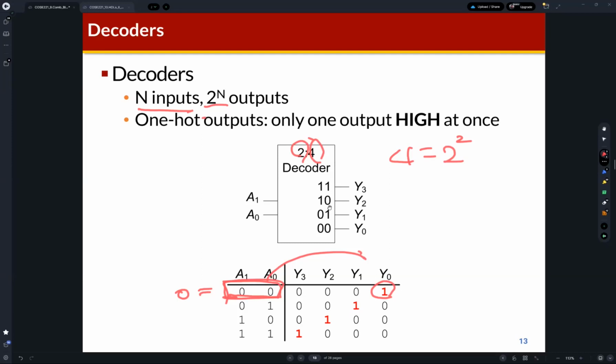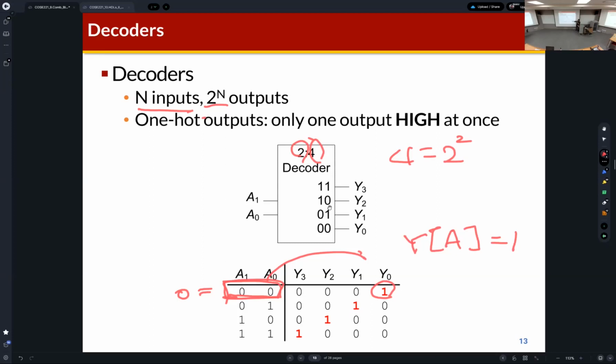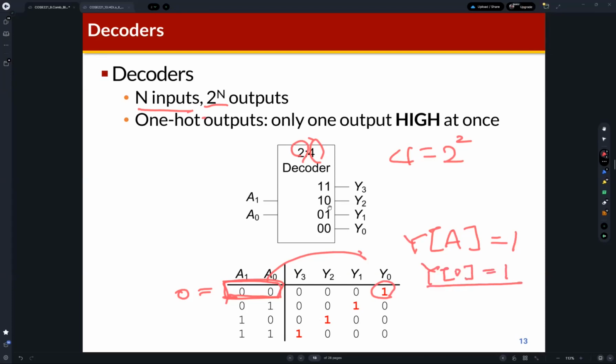We can write it like this: y[a] equals 1, where a is the value of the inputs a0, a1. So here a is 0, and y0 equals 1. For the second row, the value of a is 1, which means bit number 1 of output y equals 1. So this is the definition of a decoder.